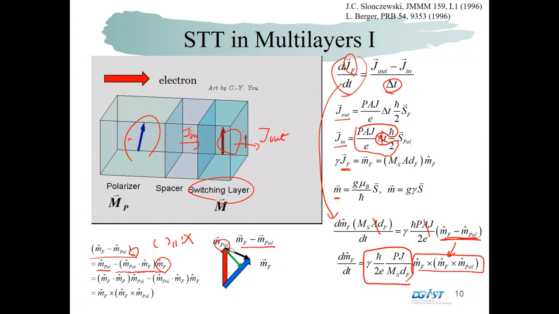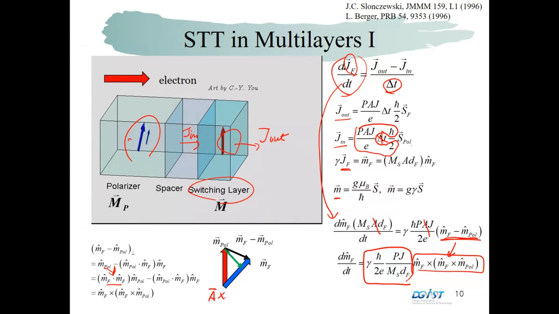So this torque minus this torque, this vector gives us the green one. I hope the students can follow me. And this is the inner product of the unit vector, so it should be 1. So we can put this term here.